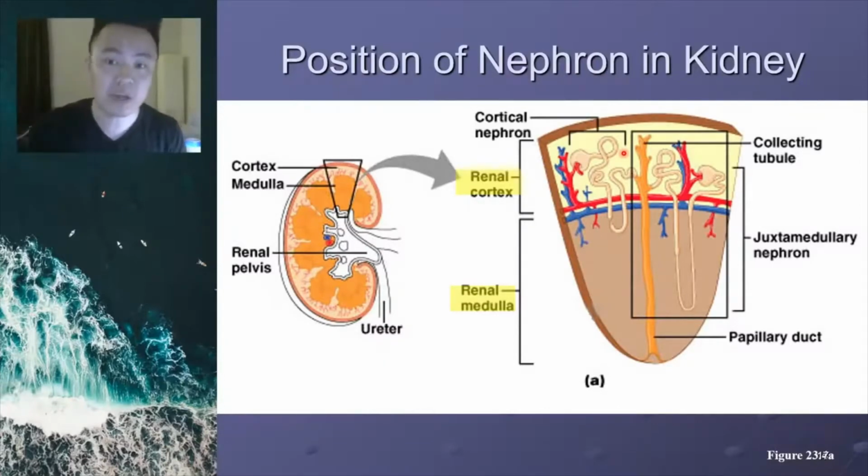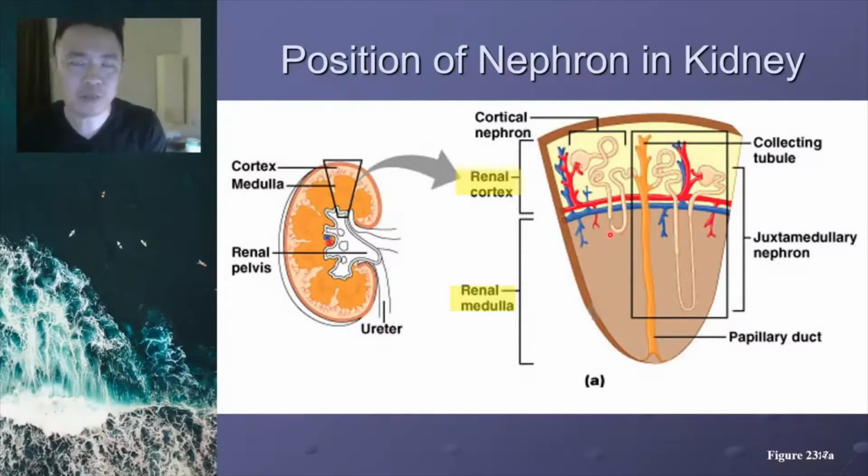Now another thing here, as you're moving down the descending and the ascending loop, the permeability to different molecules changes. What I mean by permeability is that as you're going down the descending loop, the loop is saying certain molecules can't get filtered out. But as you're going up the loop, the loop changes its preferences. You know what?